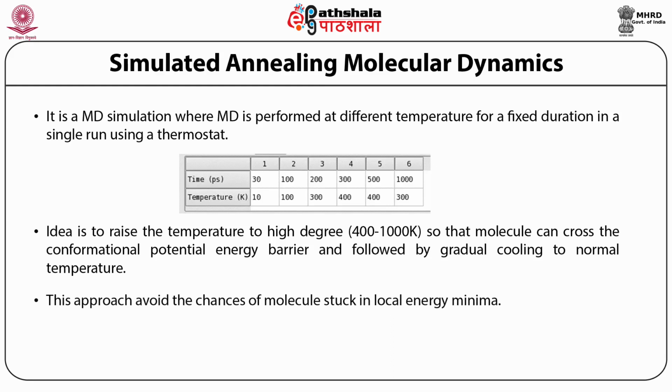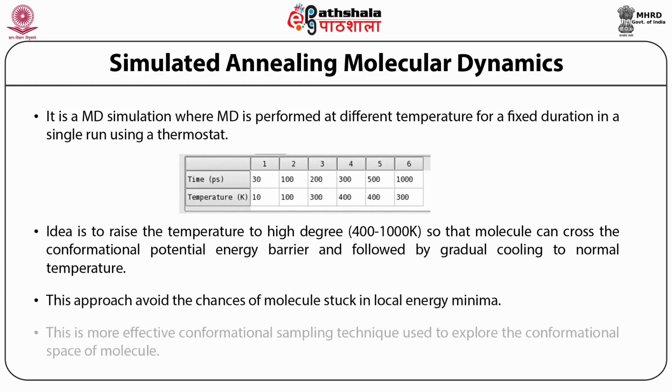This approach avoids the chances of molecules getting stuck in local energy minima. This is a more effective conformational sampling technique used to explore the conformational space of the molecule as compared to conventional molecular dynamics at room temperature.